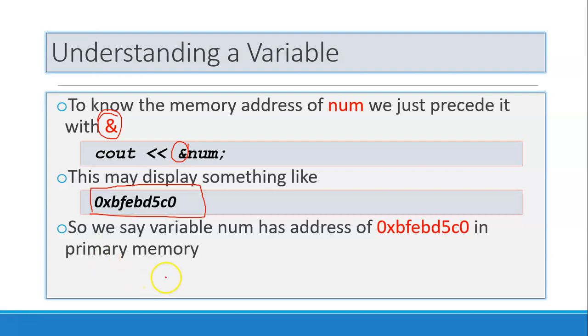So we say variable num has address of blah blah blah. Of course, if you try this on your computer, you may not get exactly this. This is just a sample of how the address will appear, because it will give you the address of the memory in your computer, so it might be different.